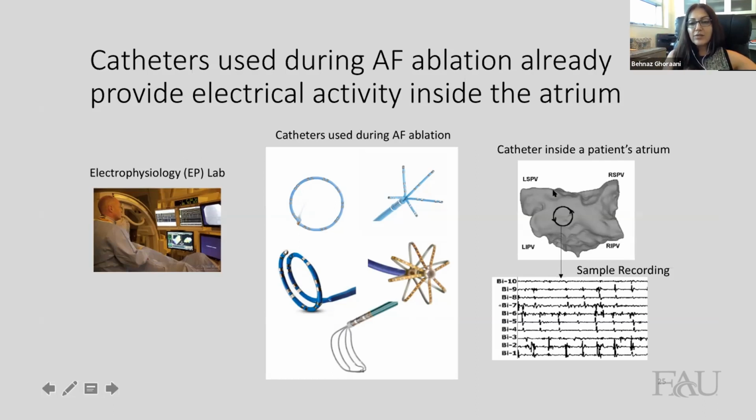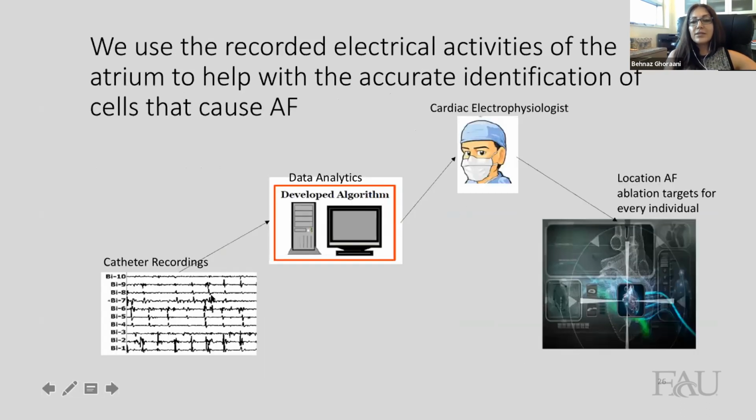For this person, this circle represents one of these catheters, and the electrical signals you see are measured at one of these electrodes. These electrical signals are already being collected as the catheters go inside the heart. So why don't we use these signals to help the physician better identify the sources of these AFibs?